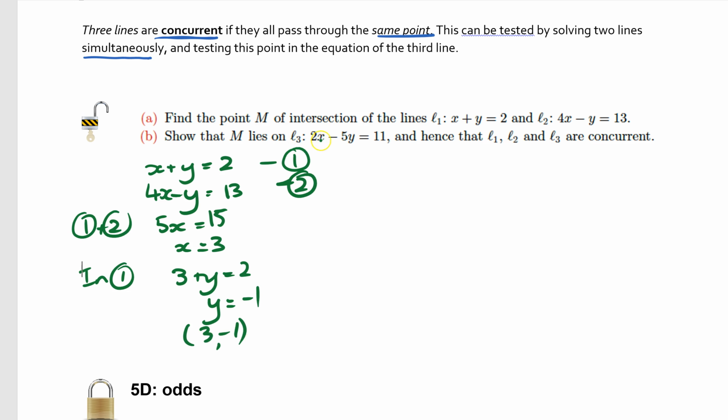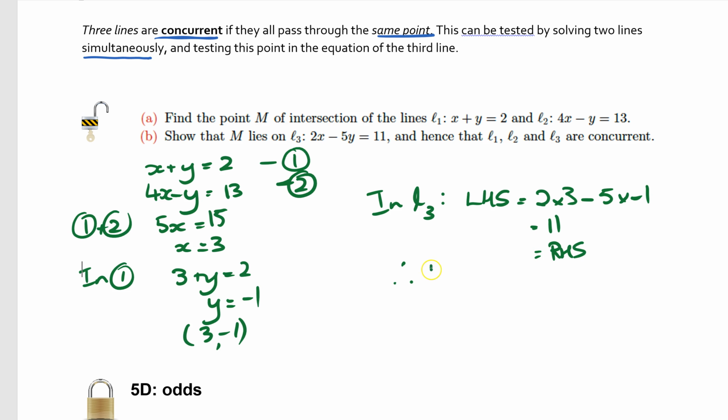If that also satisfies this, then it's on L3. So in L3, we get, and here we could set it up in different ways, so there's not just one layout, but whatever layout you choose has to be logical. So I'm going to do a slightly more formal one, which is that the left hand side equals 2 times 3 minus 5 times minus 1, which is 6 plus 5, which is 11, which equals then the right hand side.